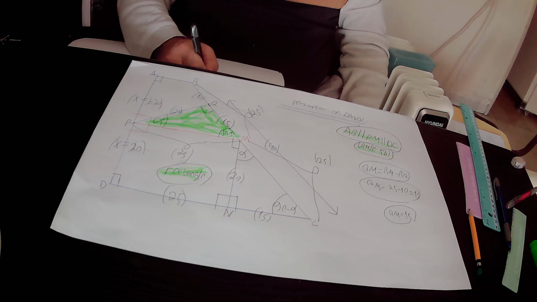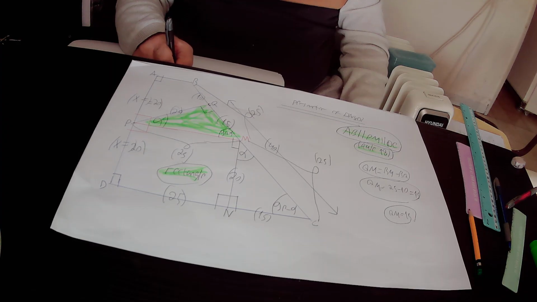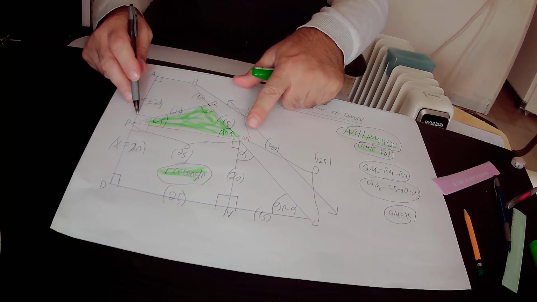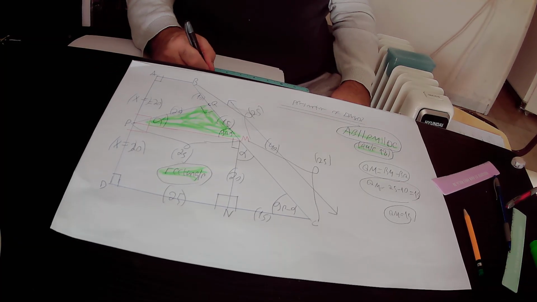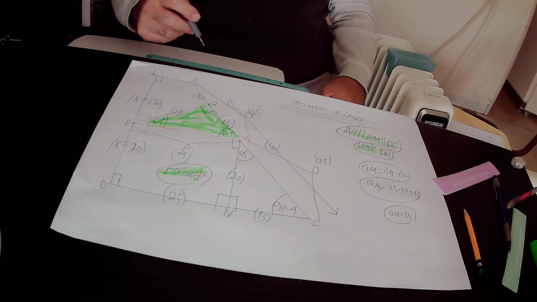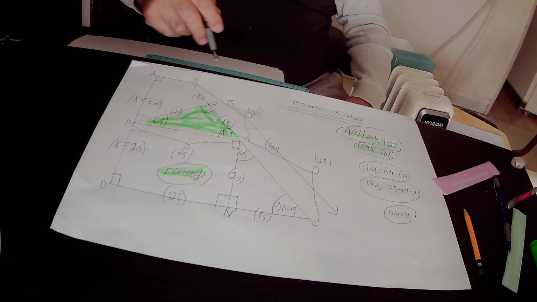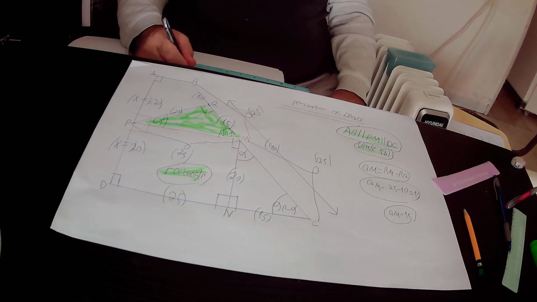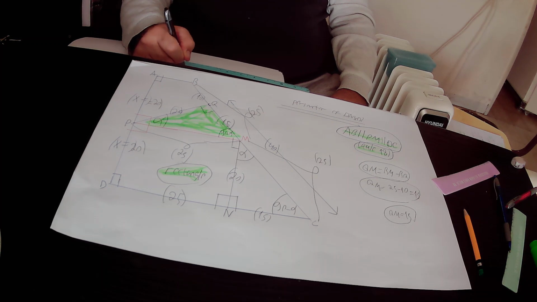So according to the trapezoid mid-segment theorem, the length of mid-segment PM is equal to the sum of the two parallel sides of trapezoid ABCD, that is actually AB plus DC, over 2.